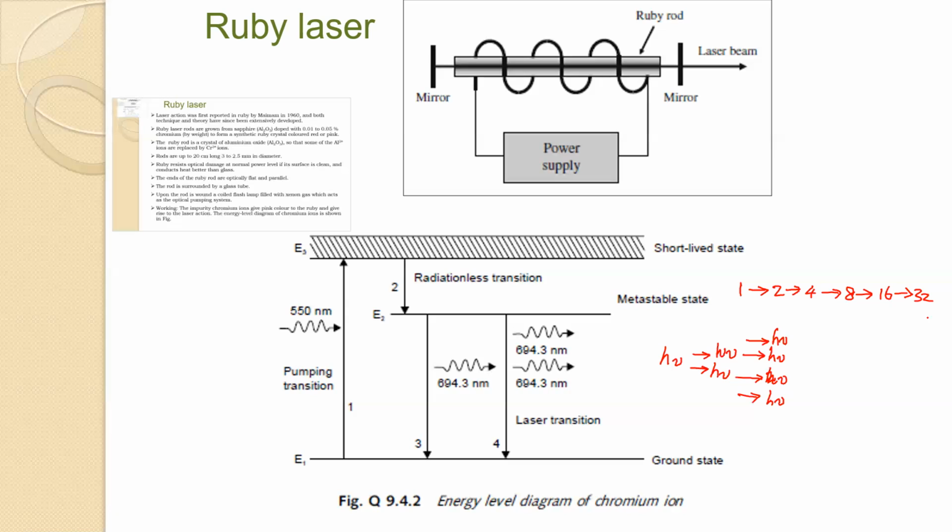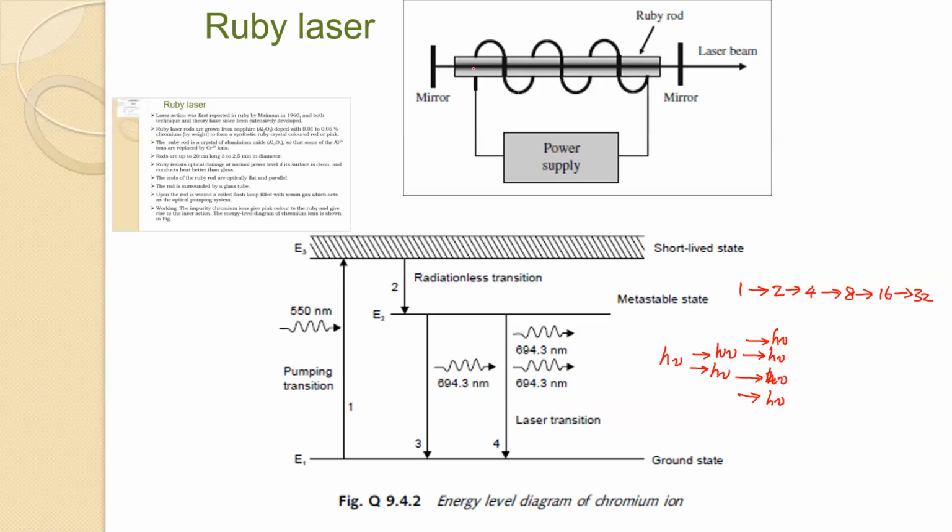Photon multiplies means light is increased, or it is amplified. Then light amplification occurs by what process? Stimulated emission of radiation. Then the number of photons increases. That means the intensity increases.